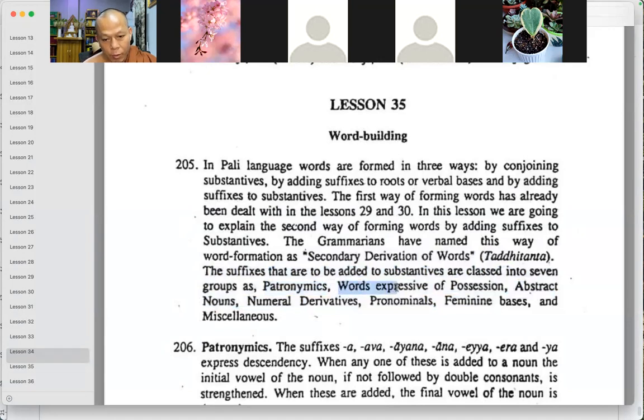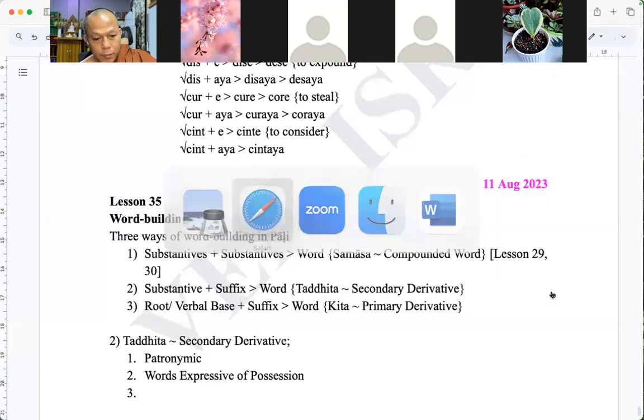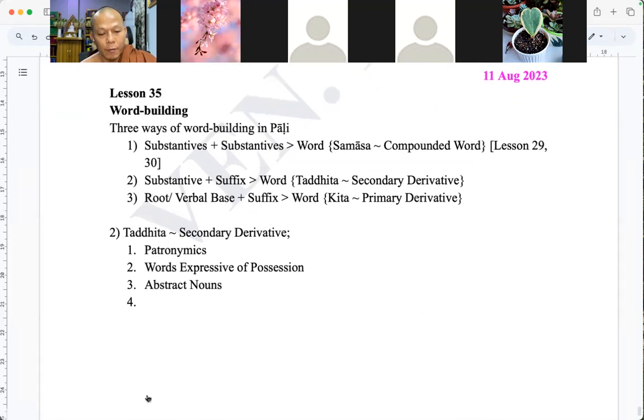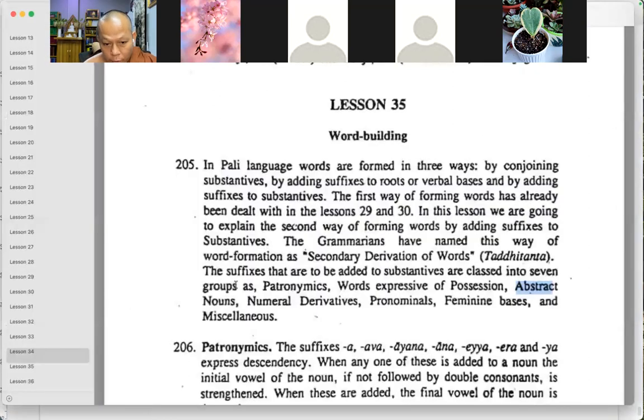The second is words expressive of possession. Third is abstract nouns. Fourth is numeral derivatives.